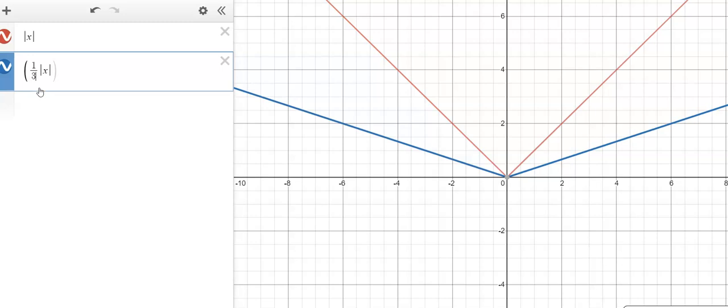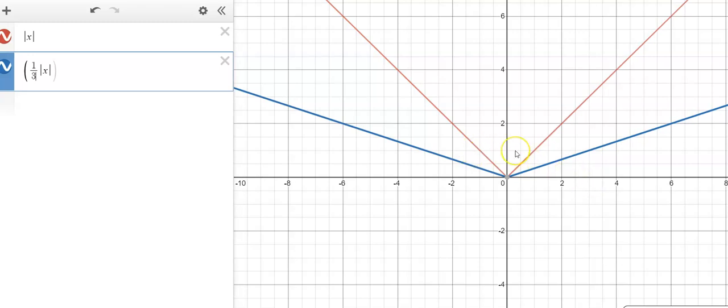Okay. Well, notice what happened. This orangish one here is our original absolute value. And when we multiplied by a fraction, it got wider. It got what we call compressed. Think of a trash compactor compressing downward, pushing that thing toward the x-axis instead.